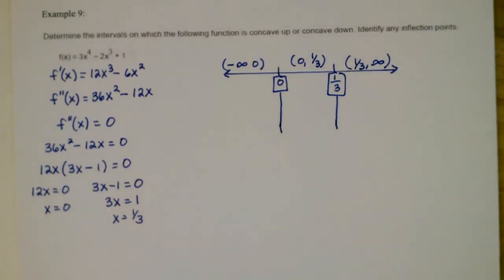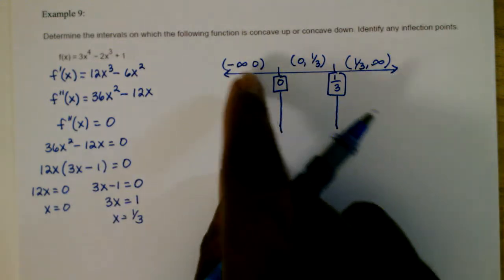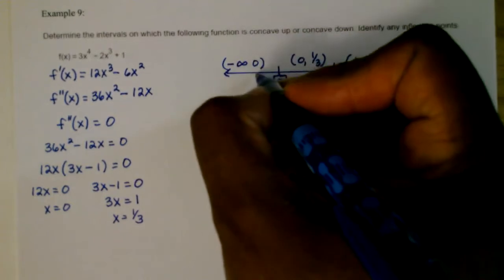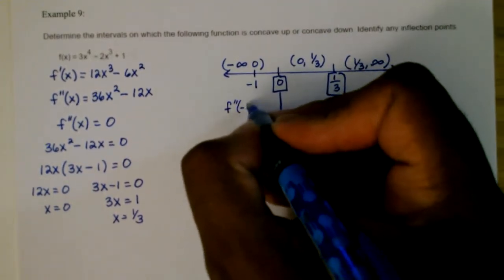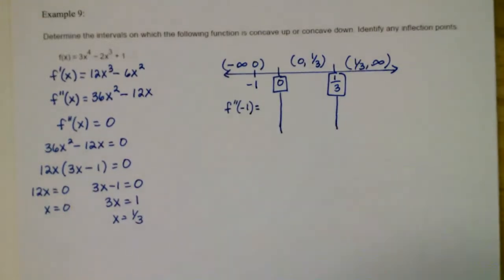Then I'm going to pick test points for each of those intervals to determine whether it's concave up or concave down. If f double prime of my chosen value is positive, then it's going to be concave up. Or if f double prime of the value that I choose is negative, then it's going to be concave down for that interval. Starting with negative infinity to 0, let's use -1. So f double prime of -1 would be this.